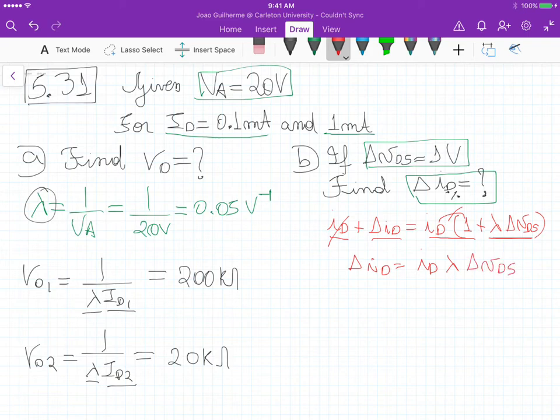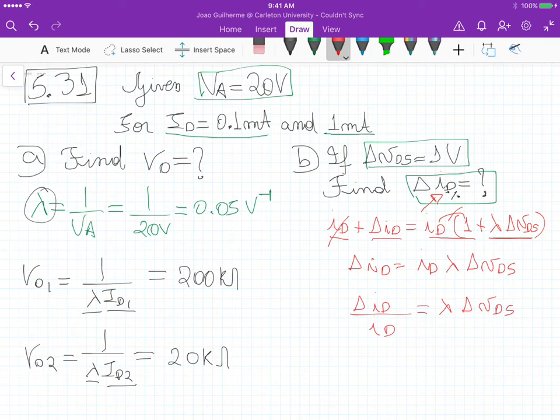So if we want to find this percentage, it's basically the ratio between the change in ID divided by ID, right? The change divided by the value of ID gives us the percentage. That's equal to lambda times delta VDS.